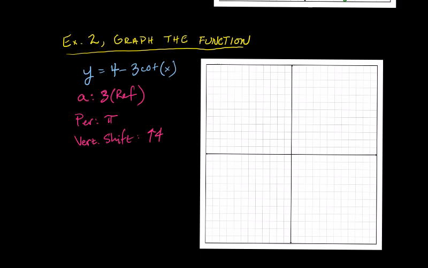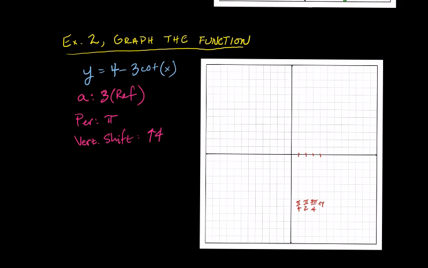Okay, so since the period's not going to change, I've got my starting and ending at the same spot, so nothing crazy there. 0 to pi, right? So pi fourths, pi halves, 3 pi fourths, and pi.